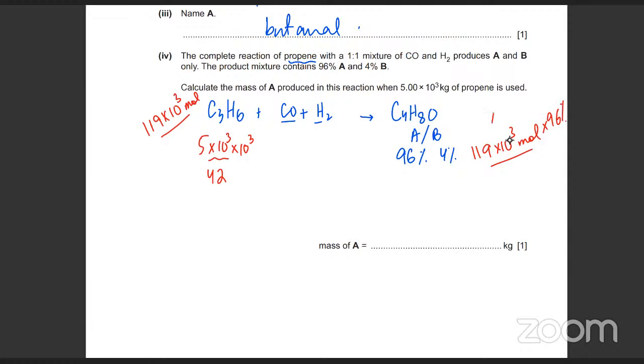That's going to be A. 114.28 into 10 raised to power 3. And then multiplied by the MR to find the mass. So what's the MR? 12 into 4, that's 48. 48 plus 8, that's 56. Plus 16. So 72 is the MR. तो आपके पास mass आ जाएगी, ठीक है? What is the mass that you're getting? 8.228 into 10 raised to power 6.